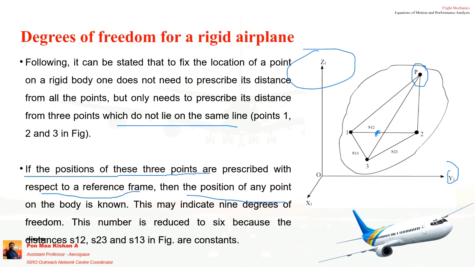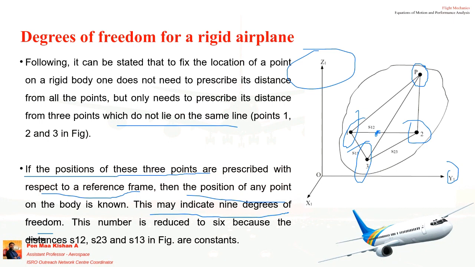This may indicate 9 degrees of freedom, since we have drawn 3 points. So what will be the 9 degrees of freedom? With respect to point 1, the point P can move. Let's say this is the aircraft with a CG point.